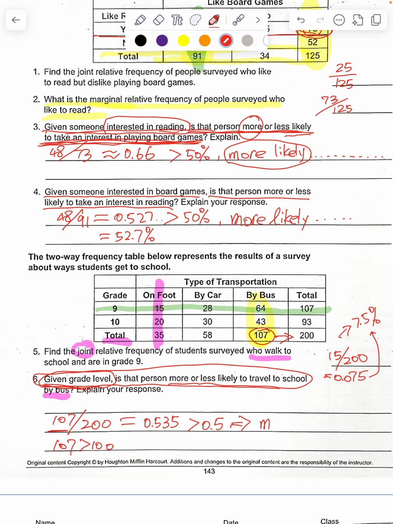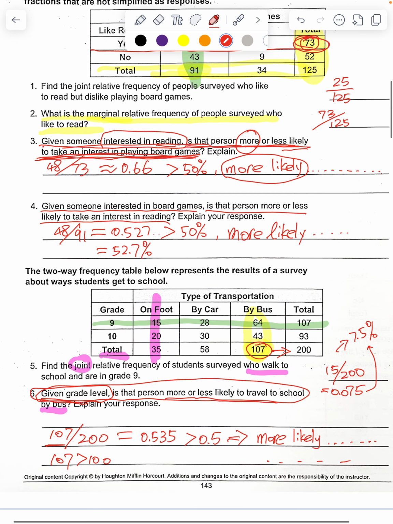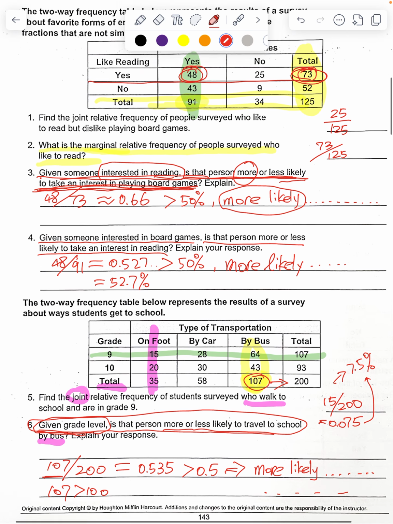So among the 9th and 10th graders, they're more likely to go to school by bus. This is the reason, because it's more than half, right? Okay, this is the second page of the Unit 4 homework.